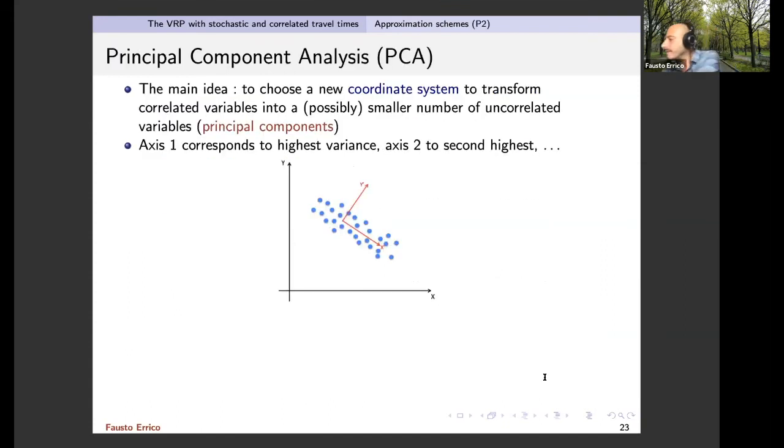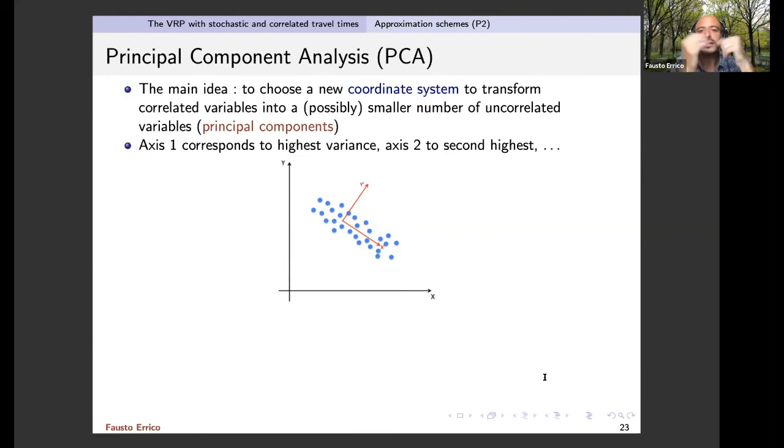Okay, and here comes the principal component analysis. So what is the principal component analysis? It's a classical tool, and we didn't invent anything. The idea is, let's say that we have a set of data that are correlated in a sense.